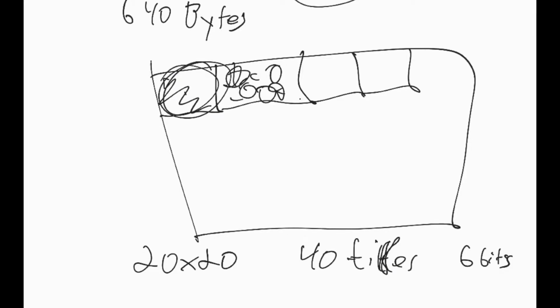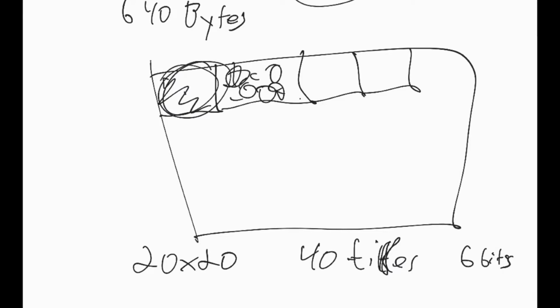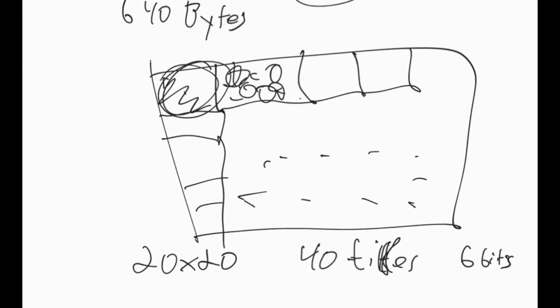Then you could go up to a larger tile size and cut this down even more. Let's say you only had 16 tiles. You would only need 4 bits and you would cut your map size in half. Either way though, in reality, I think that storing all of these tile locations in maps is not an option if we want everything to be stored in memory, including the maps.